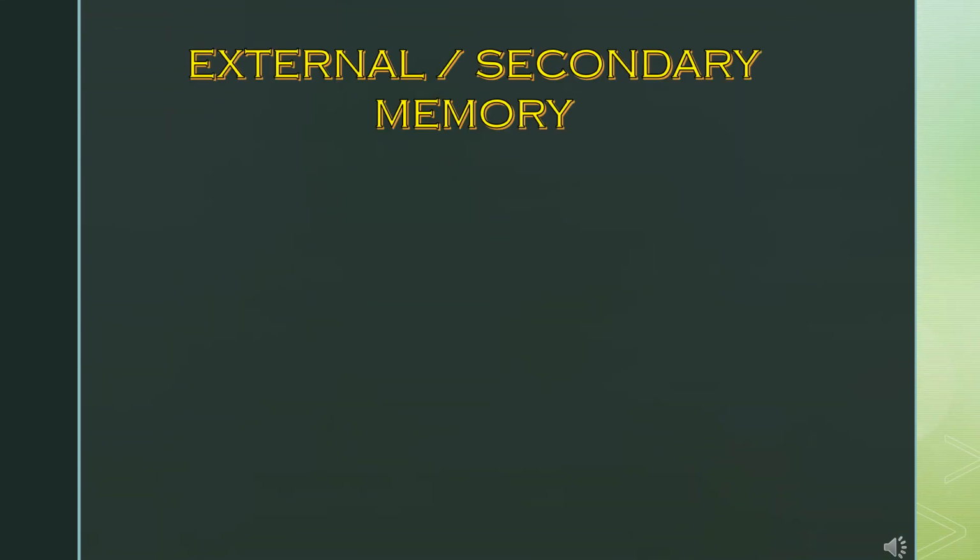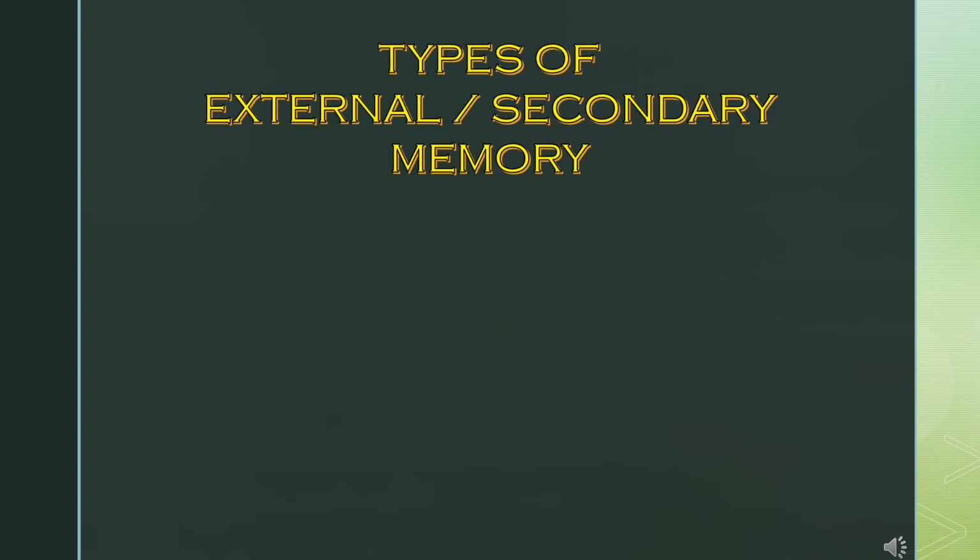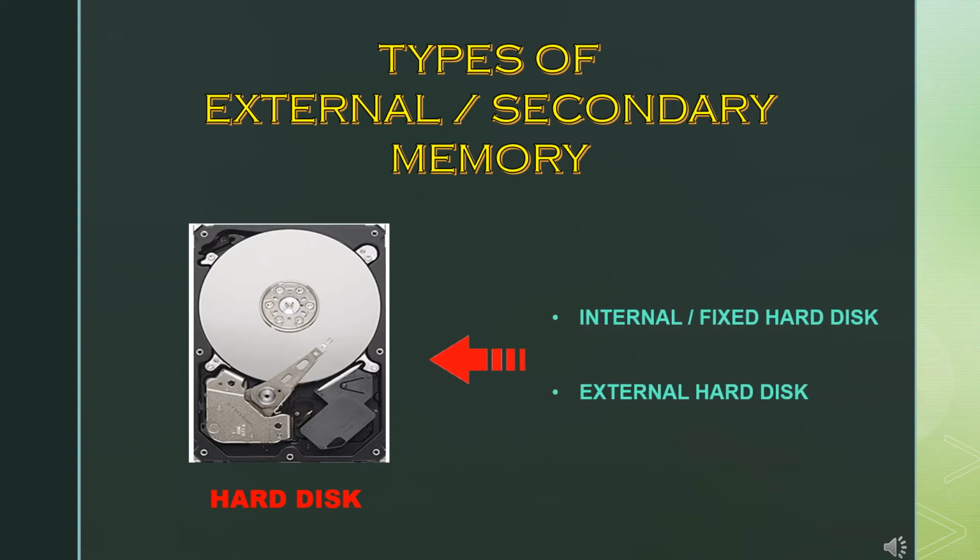The second type of the memory is the external or the secondary memory. The files that you save inside this memory are permanent in nature. So now let's see the different types. The first is the hard disk. It is the main storage device of a computer. It is available in two forms. One is the internal or the fixed hard disk, and the second is the external hard disk.